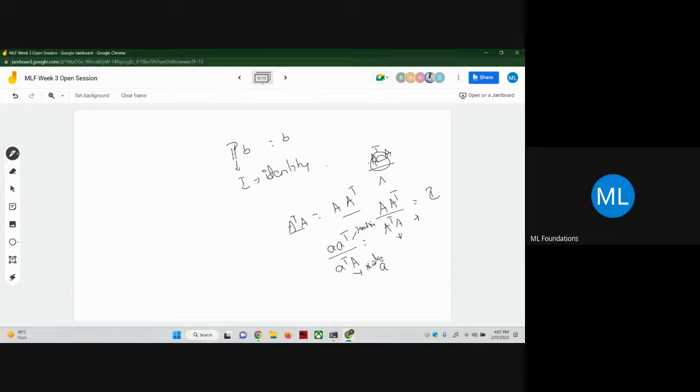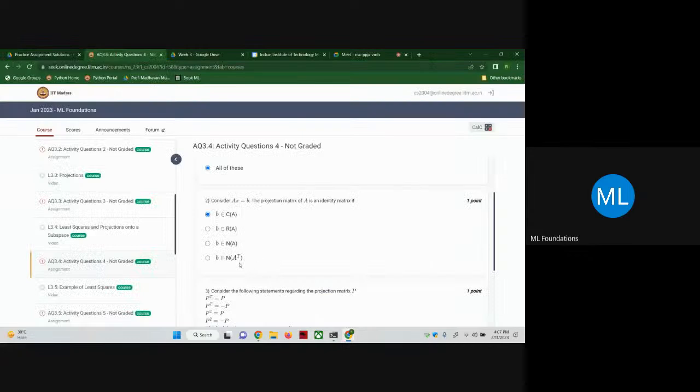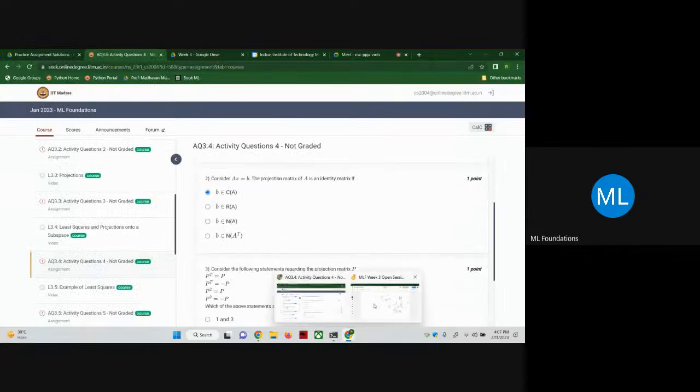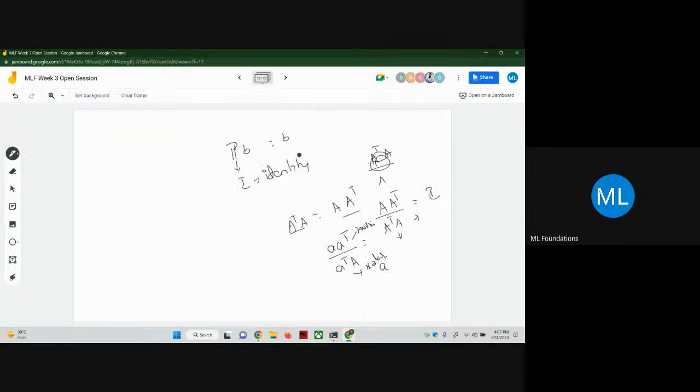You cannot do it like you do for normal integers. But if you just follow this, you'll know that Pb equals b if P is an identity.